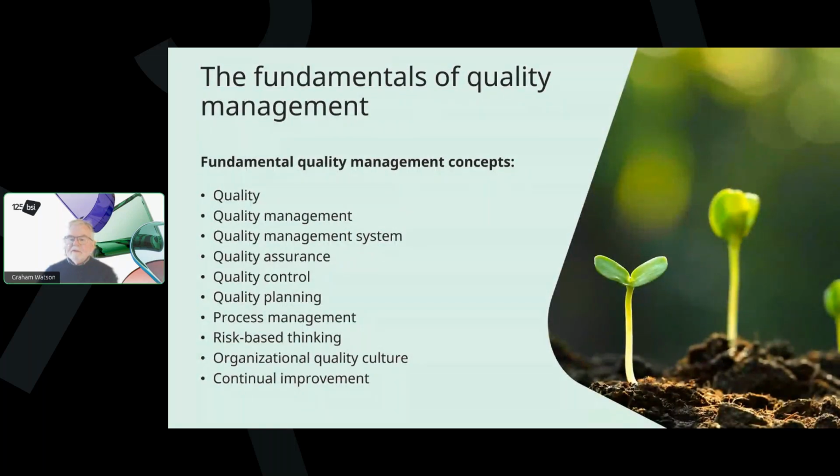The fundamental concepts, it's a bigger group than those familiar with the previous version will know. So the fundamental quality management concepts are quality, quality management system, quality assurance, quality control, quality planning, process management, risk-based thinking, organizational quality culture, and continual improvement.